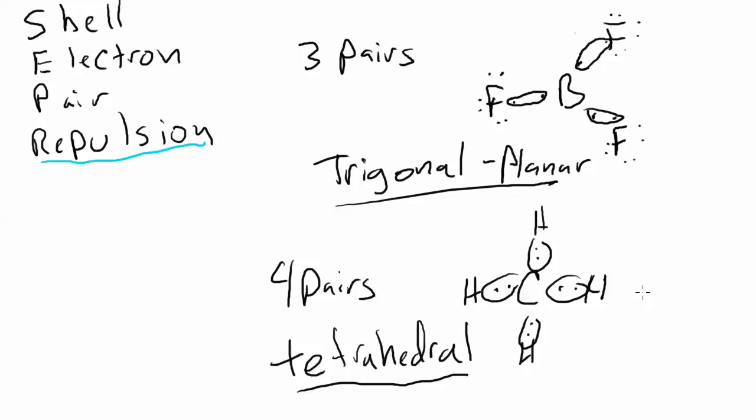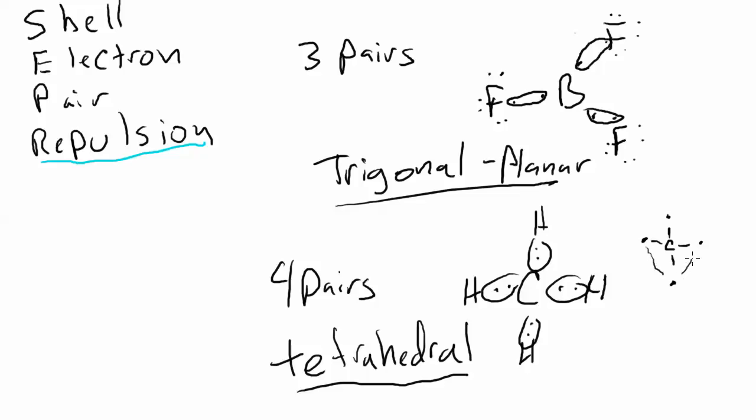A tetrahedron is kind of hard to draw in three dimensions on a flat surface, but basically it's a shape where you have all four of these and the carbon's in the middle, and they're equally distributed about the carbon.